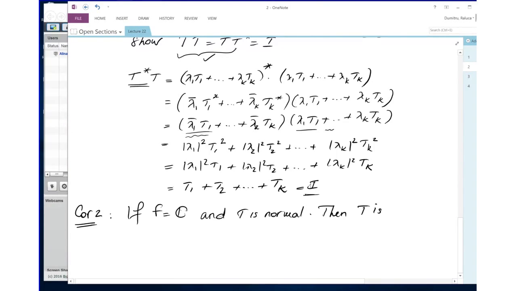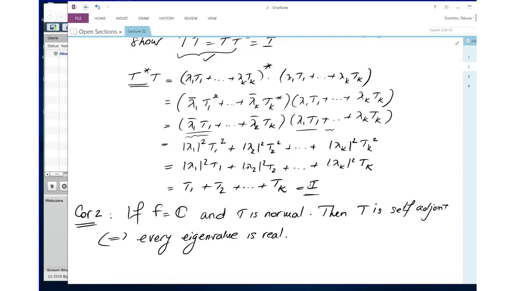T is assumed to be normal, then T is self-adjoint if and only if every eigenvalue is real. So basically, let's say you have a normal operator, and you're wondering if the much stronger condition of being self-adjoint holds: check the eigenvalues. If they're all real, you're done.